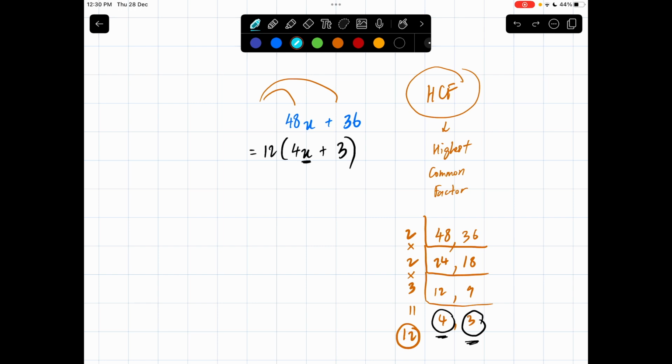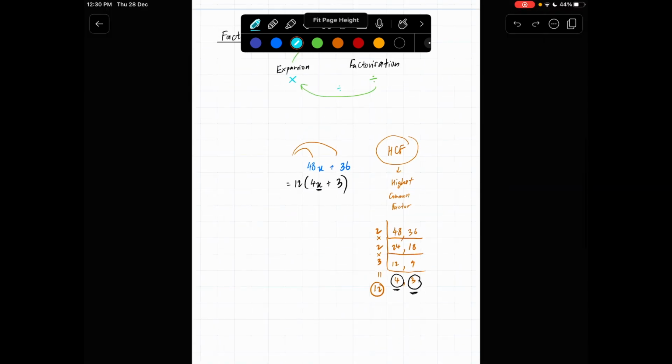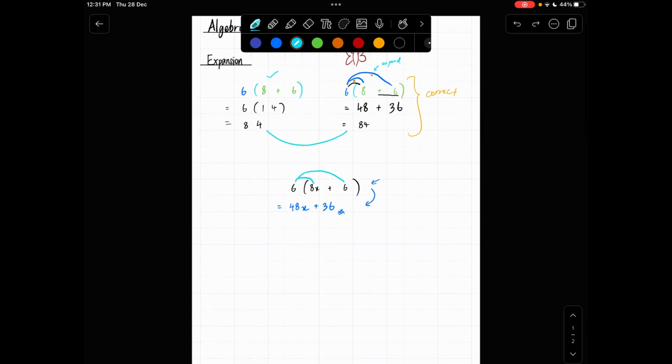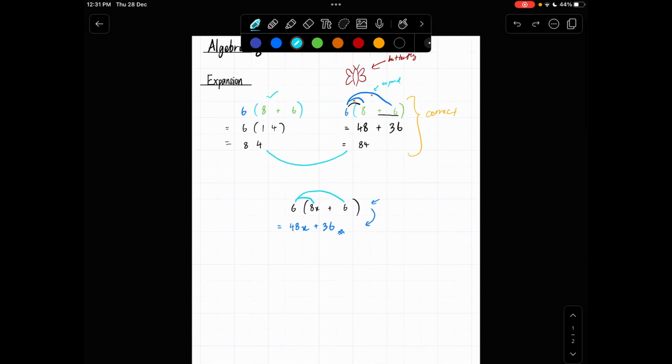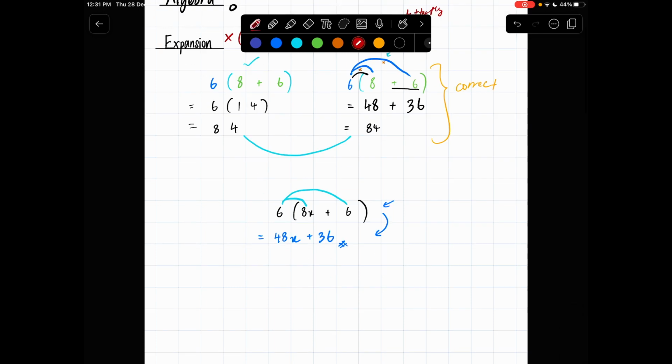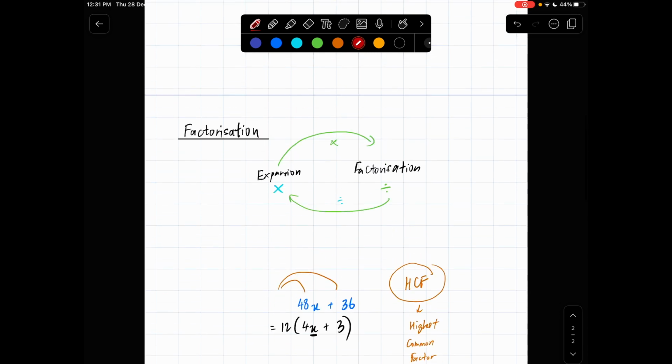You get the highest number that divides both of those numbers, so that you can put it outside the bracket. So if you take a look at expansion and factorization, you will notice that expansion is the process of getting rid of the bracket, while factorization is the process of creating a bracket or set of brackets.